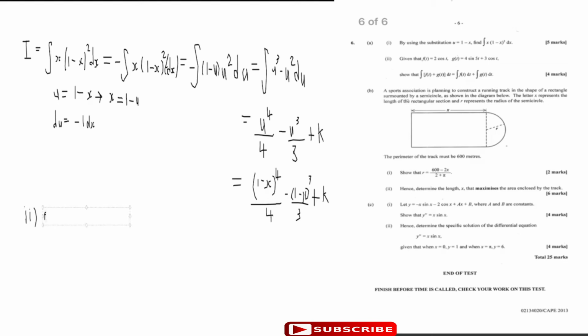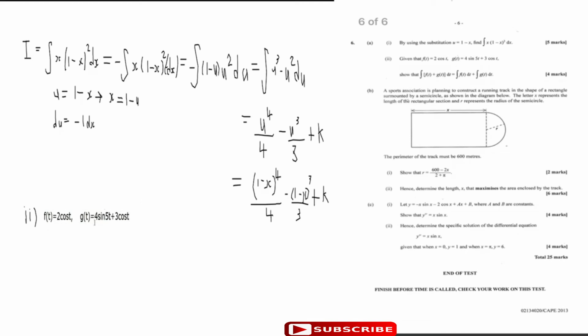It says f of t is equal to 2 cos t, and it tells us that g of t is equal to 4 sine 5t plus 3 cos t. Nice and easy.